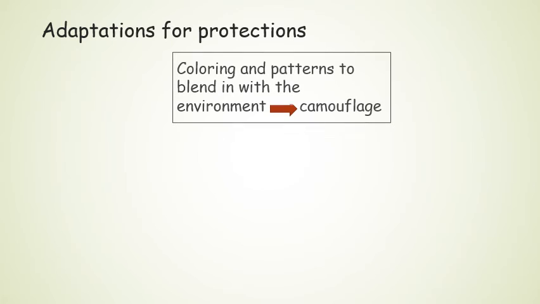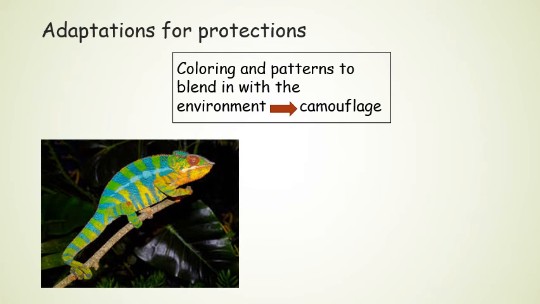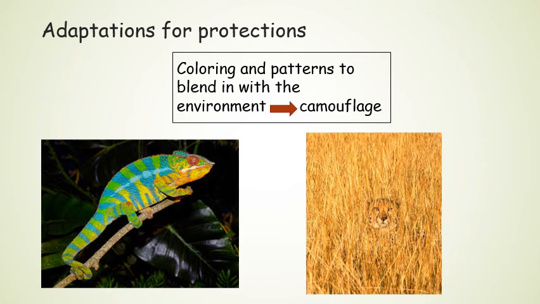Another example of adaptations for protections is coloring and patterns to blend in with the environment, which is called camouflage. As you notice, this is the chameleon, which is a kind of animal that can change its color according to the environment it is in, and here we have the patterns of the tiger that help it to blend with the environment.